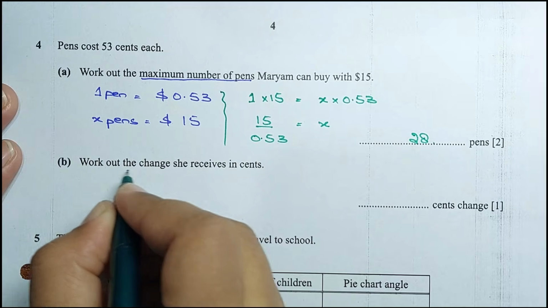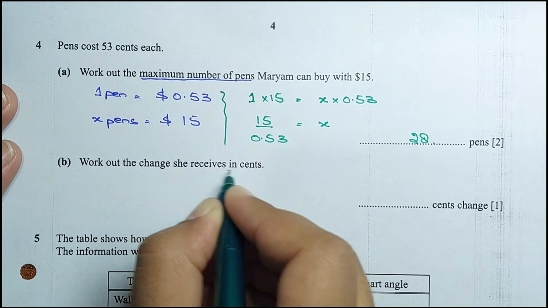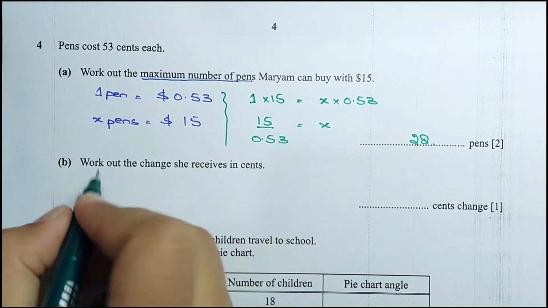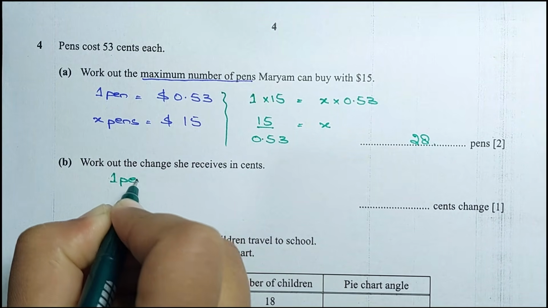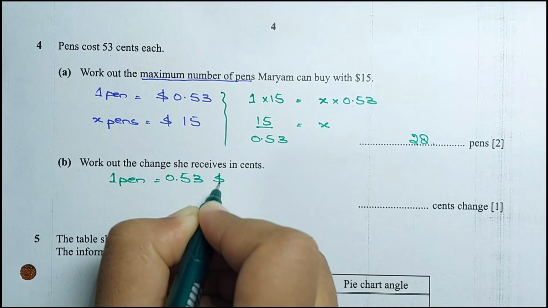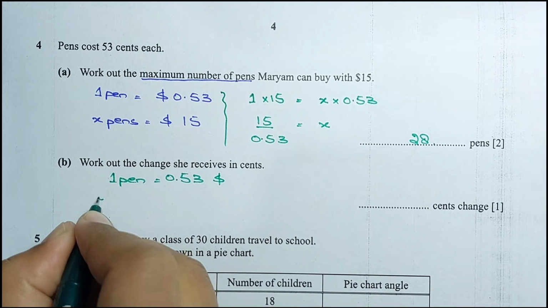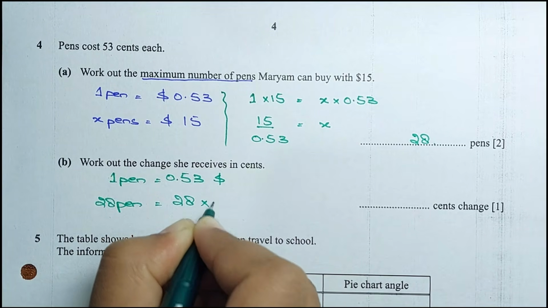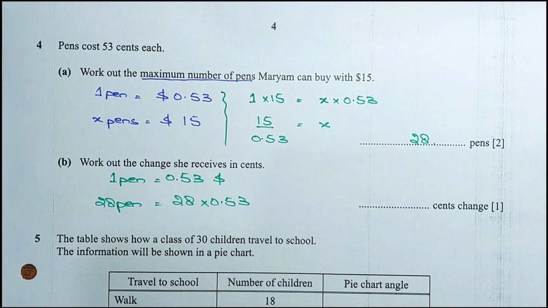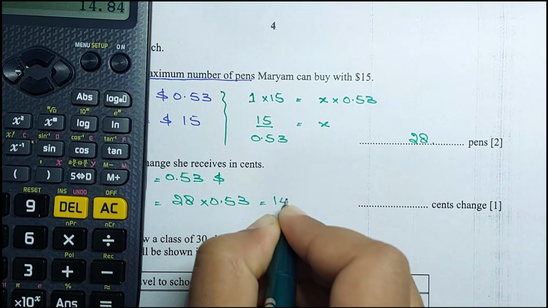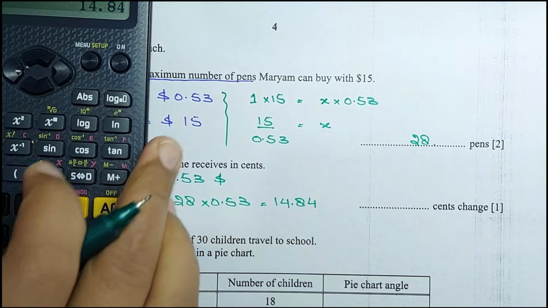Part B, work out the change she receives in cents. She can buy 28 pens, and one pen costs 53 cents. So it should be 28 times 0.53, which is $14.84.